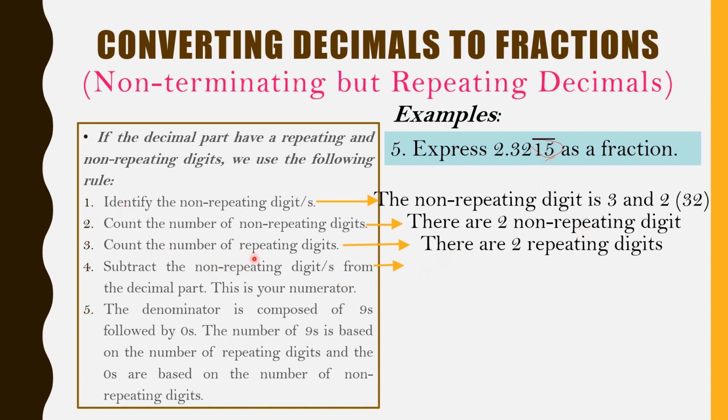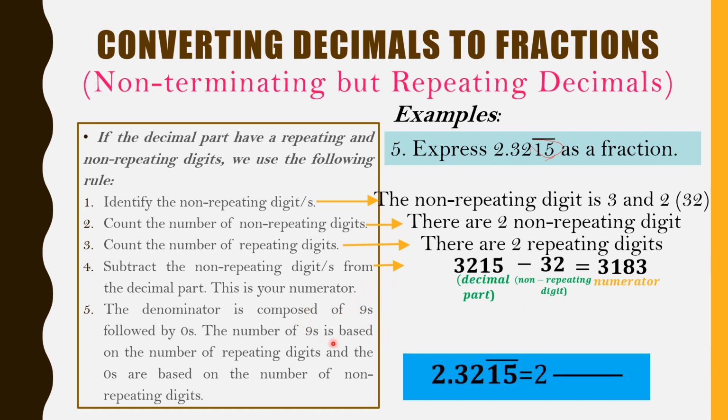Number 4, subtract the non-repeating digits from the decimal part. So this will be our numerator. Our decimal part is 3215. We will subtract 32 and we will obtain the difference, which is 3183. This again is our numerator.